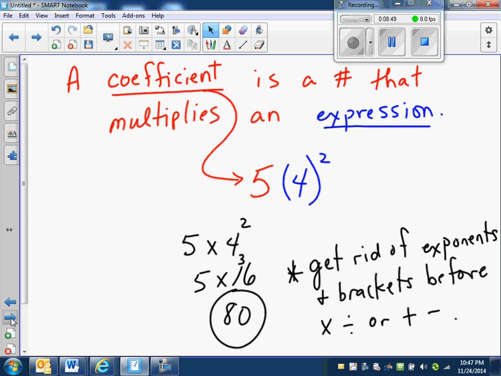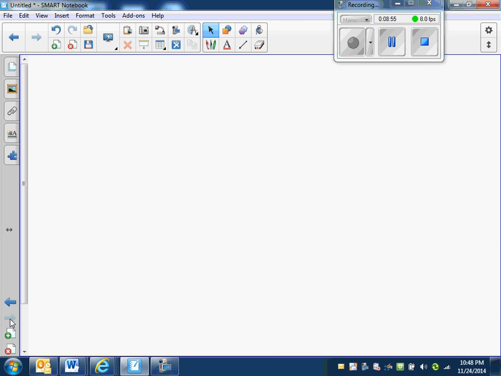We'll do some further examples as well to show how some of this works on more difficult questions. For example, if we had a -3 as a coefficient times the expression -5 squared.